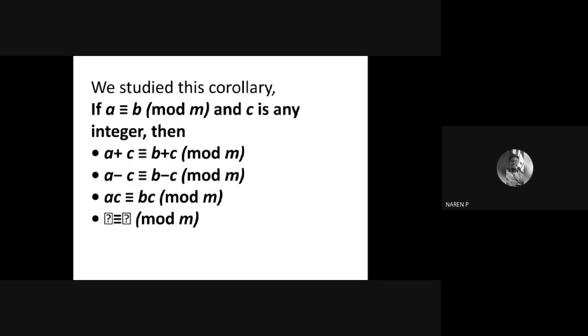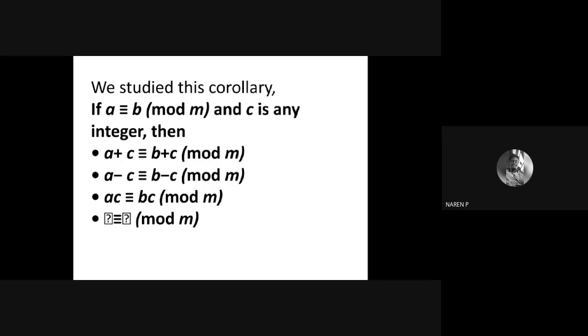And also this corollary was discussed. If a congruent to b mod m and c is any integer, then a plus c is congruent to b plus c mod m, a minus c congruent to b minus c mod m, ac congruent to bc mod m. The last one is a square congruent to b square mod m. So c can be added to both sides: a plus c congruent to b plus c mod m.